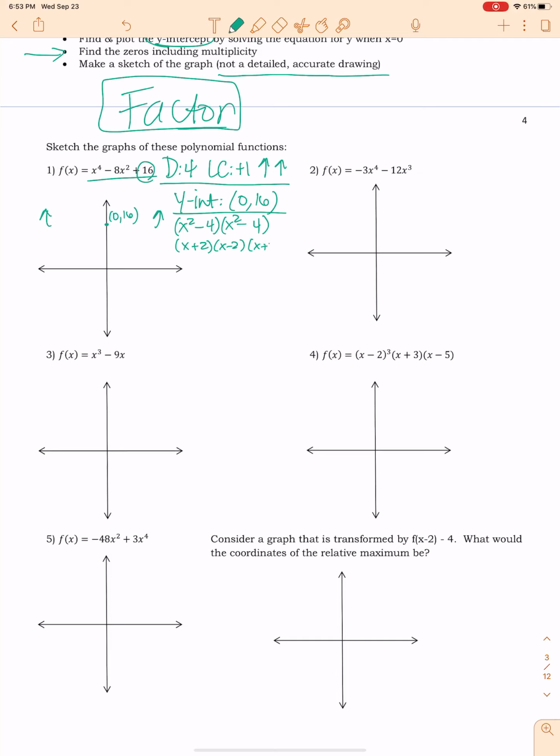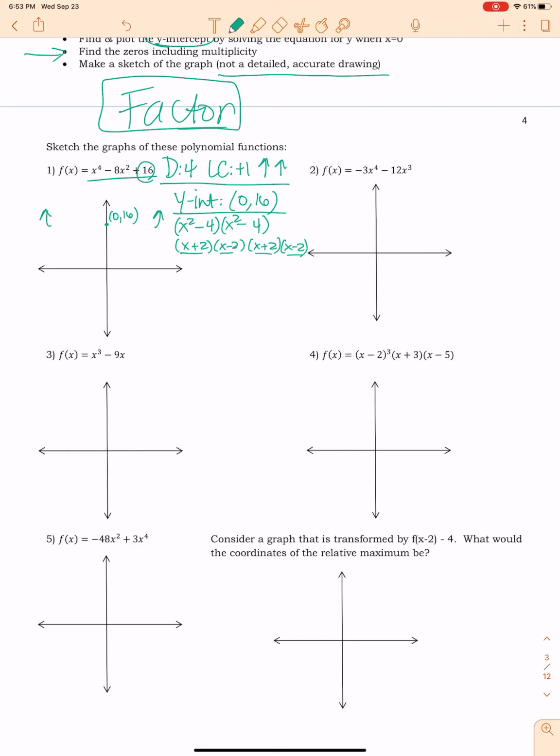Don't forget to do both of them. This is important because of that idea of multiplicity that we talked about on the last video. All right, so as you can see here, I've got 4 factors. That means I'm going to have 4 solutions, which makes perfect sense because my degree is 4. That's how many solutions I will have.